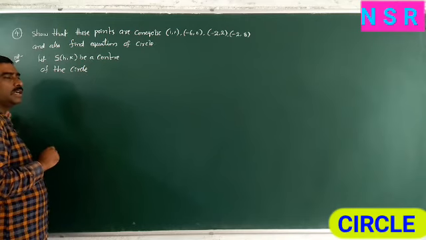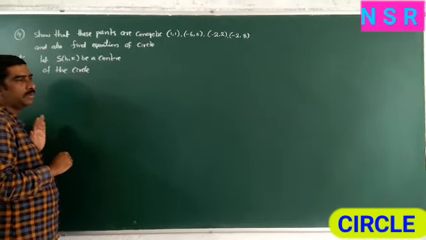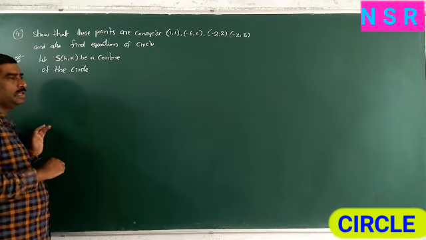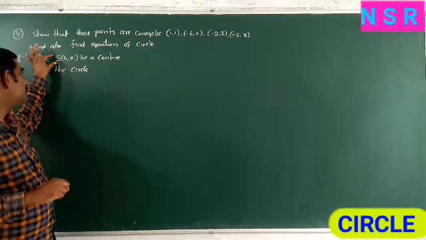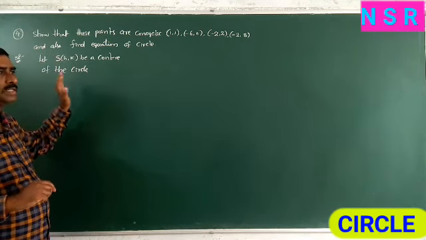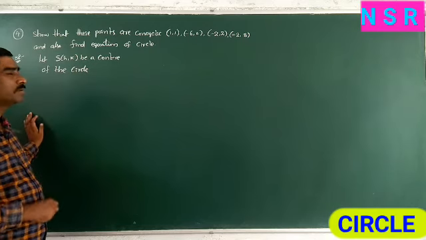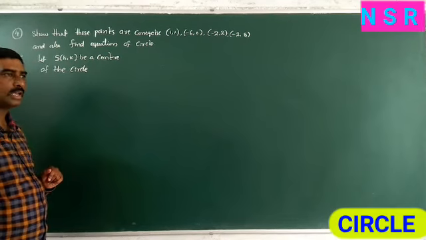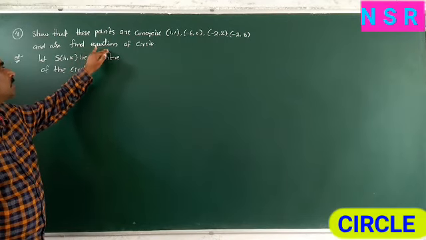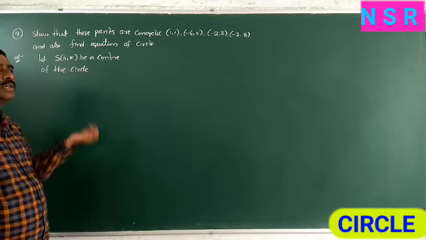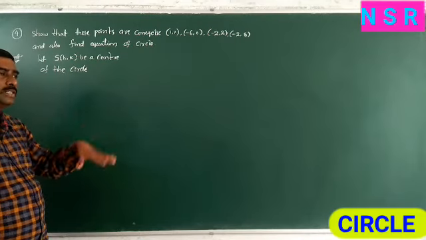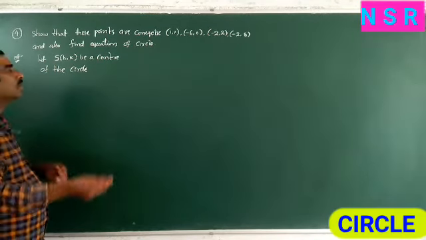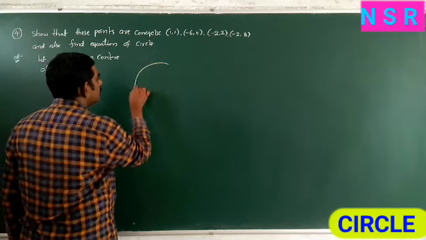So by using the condition SA equal to SB equal to SC, first find the center of the circle (h, k). After getting the center we get the radius. So by using this center and radius, first find the equation of the circle. After getting the equation of the circle, substitute the remaining point in that circle equation; if we get 0, then the given points are concyclic points.